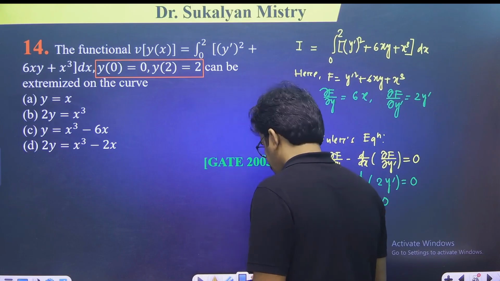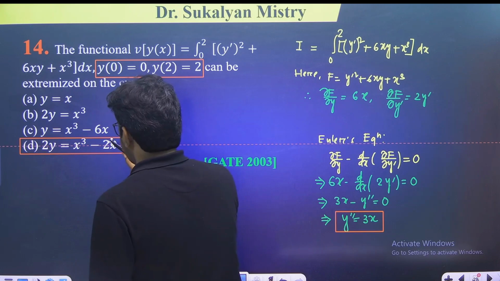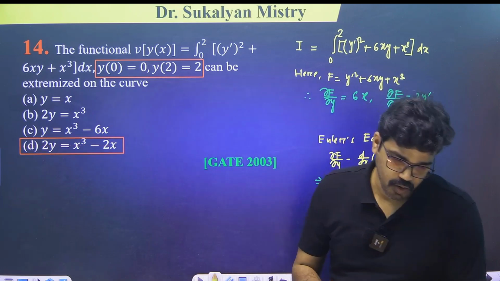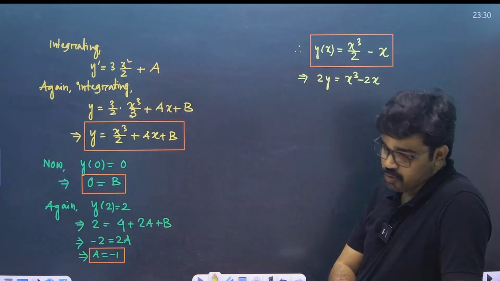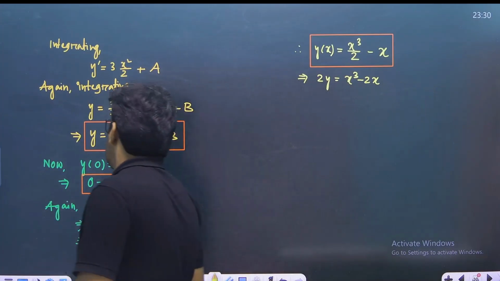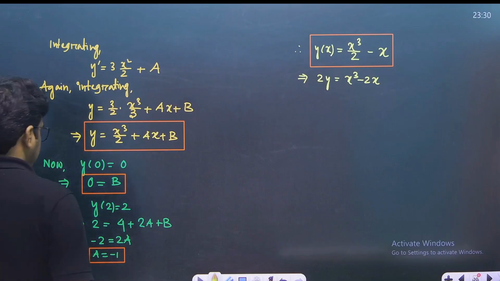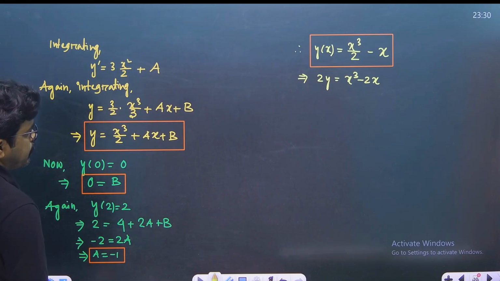So option D is the correct answer. We get 2y is equal to x cube minus 2x. So I think that is clear.